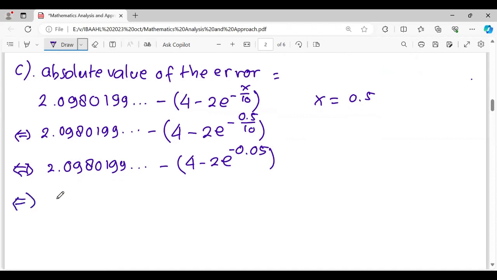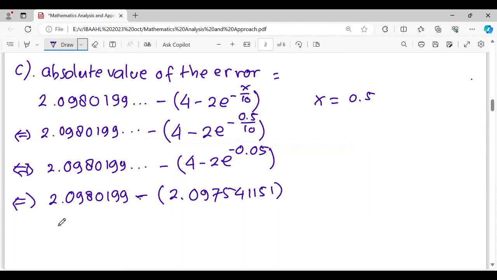If you calculate this, it becomes 2.097541151, and the difference is 0.000478749.